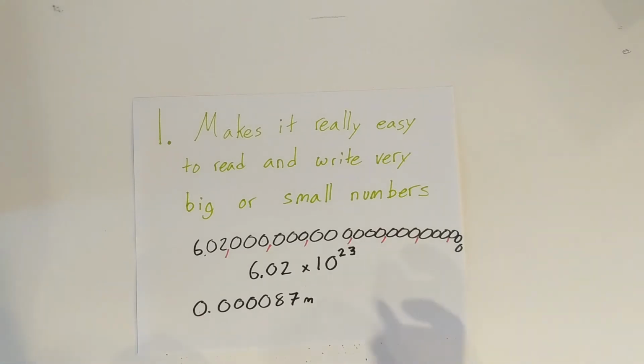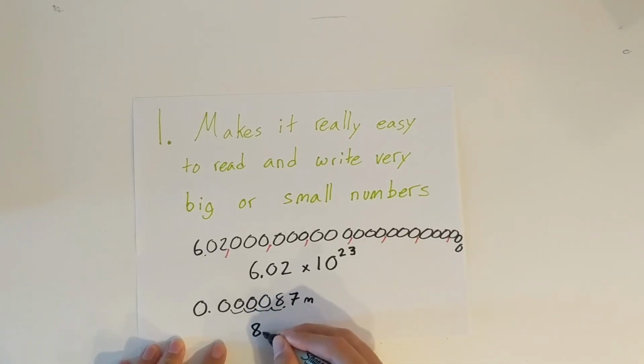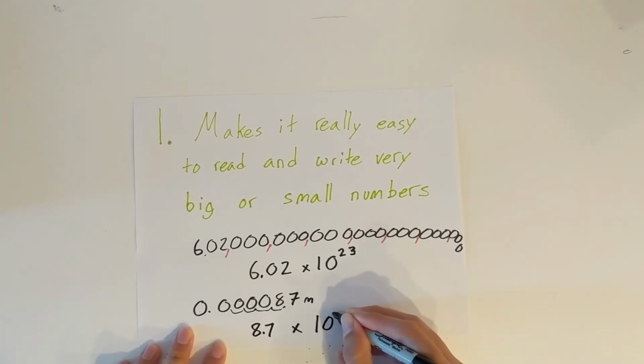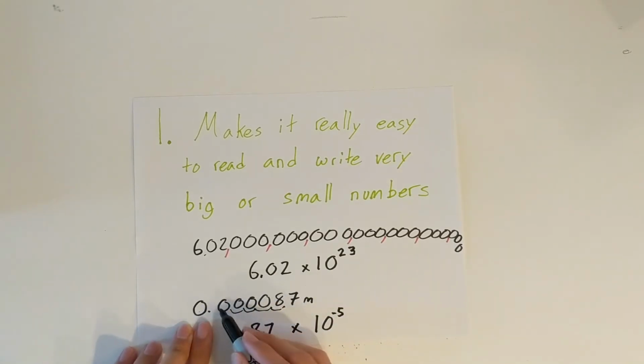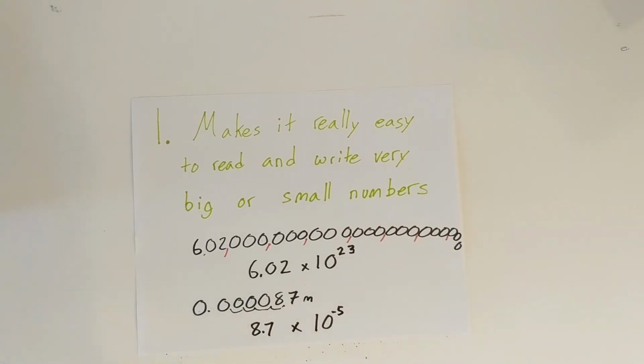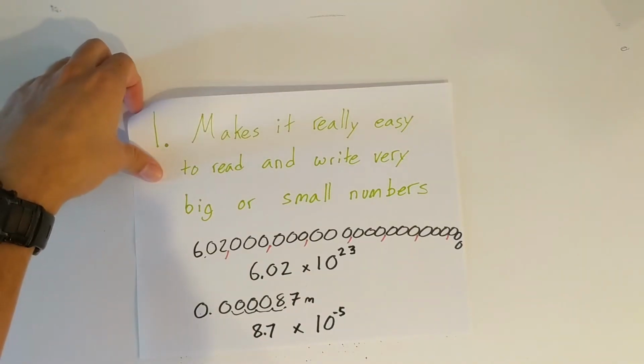We can rewrite this in scientific notation, going over 1, 2, 3, 4, 5. So we'd be moving over 5 spots. So it would be 8.7 times 10 to the negative 5. And it's negative because this number is less than 1 and we're moving the decimal spot to the right. So that's one reason why scientists use scientific notation.